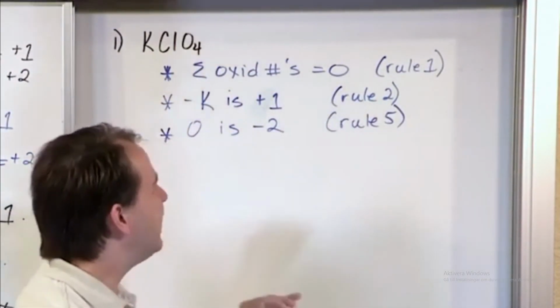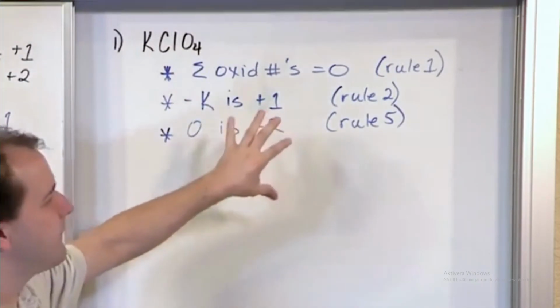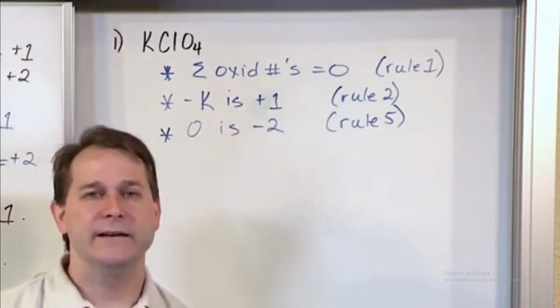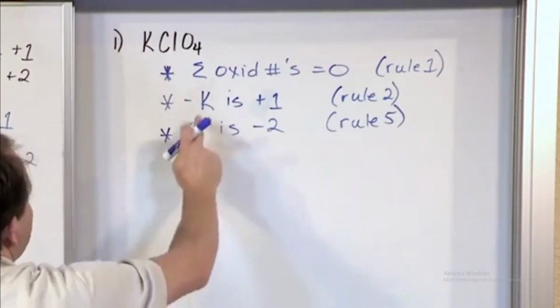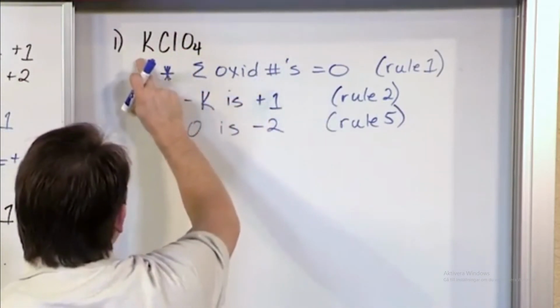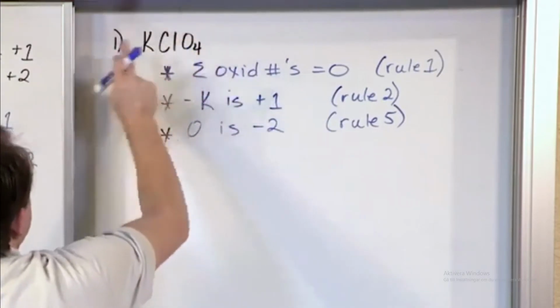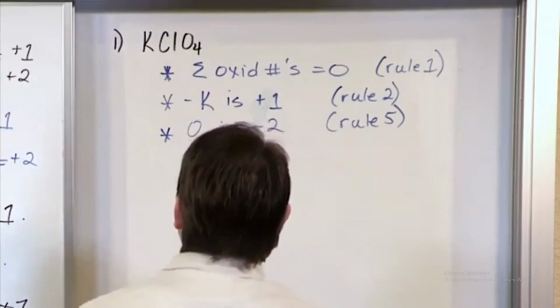Because, believe it or not, even without going to the bottom of this list, I actually have enough information here to find the answer. The reason is because I know what potassium is, I know what oxygen is, and I know that the sum of all of these oxidation numbers in this compound has got to be equal to 0. That is critical, crucial information.